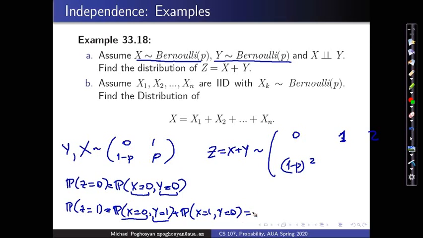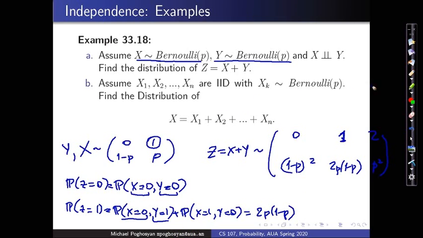So I will have 2 times p times 1 minus p, because this is equal to that, and I will have 2 times that. And Z is 2 only if X and Y are both 1. That means the probability of that is p times p, so p squared here.